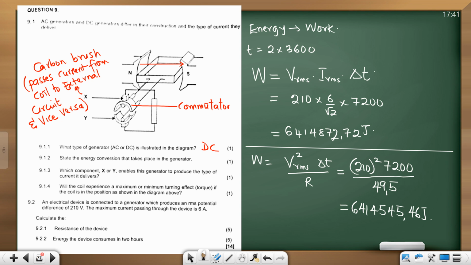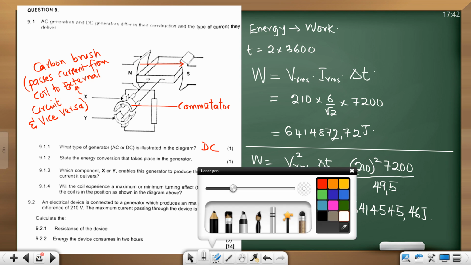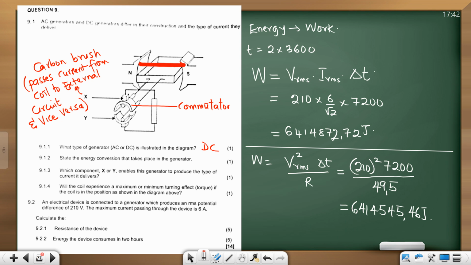Yes, there's a hand. Can you please just explain 9.1.4 again? 9.1.4. All right, so we're talking about a force. The force you're talking about is caused by the force field here, north to south.